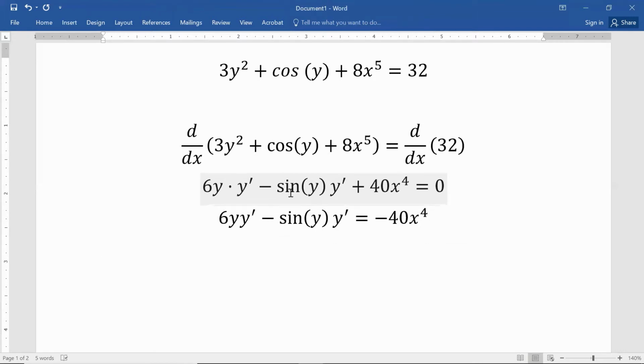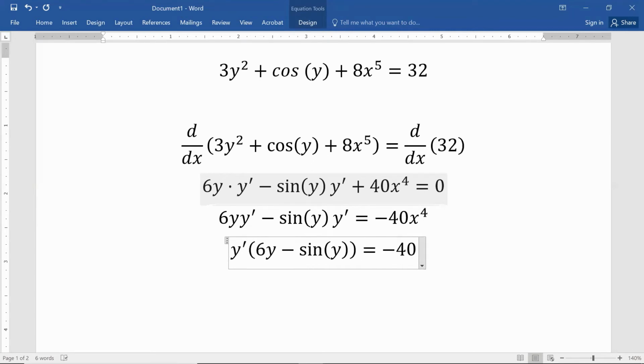Now we factor out y prime. We end up with 6y minus sine of y on the inside equaling negative 40x to the fourth.